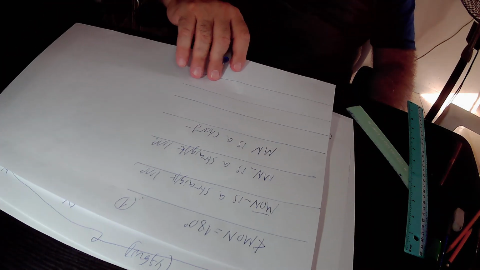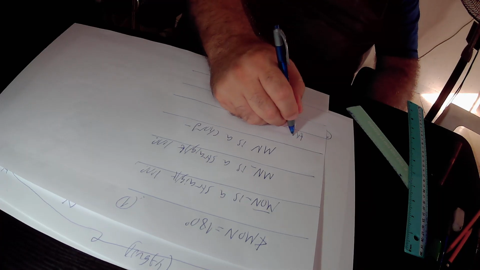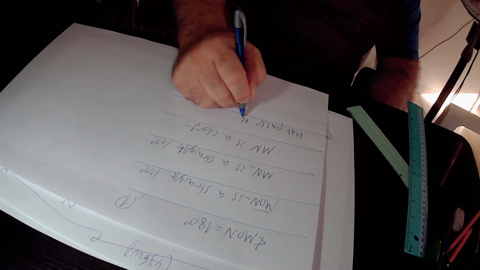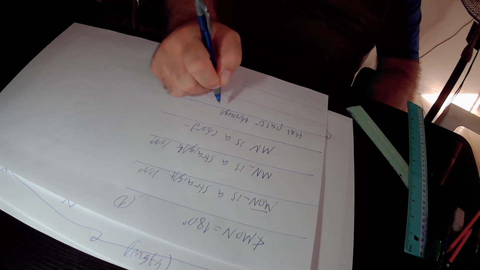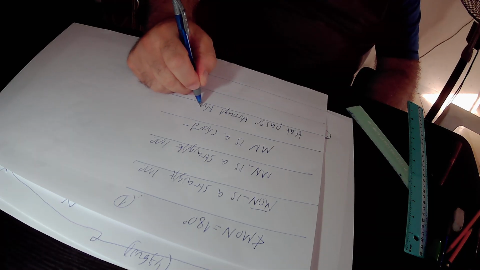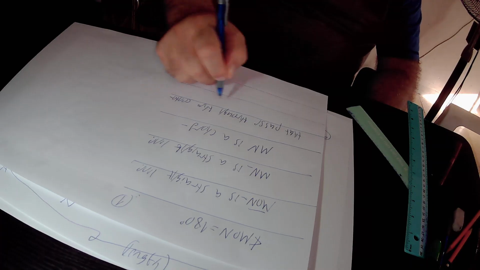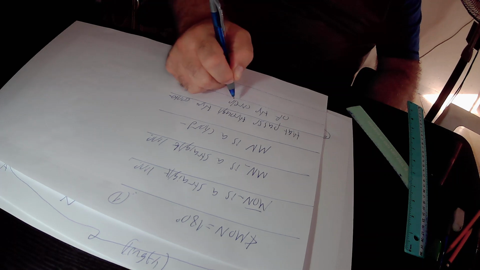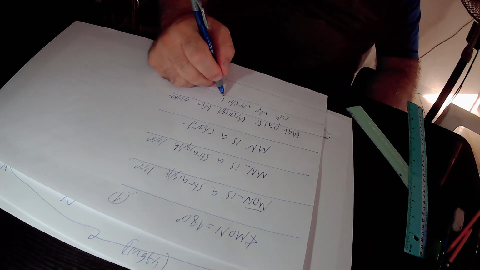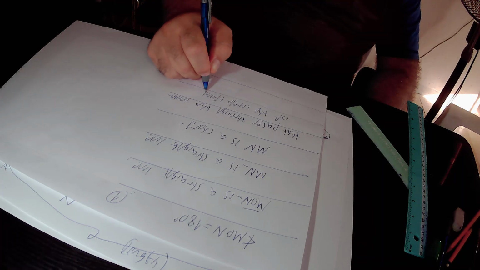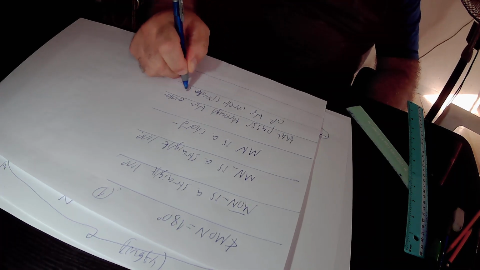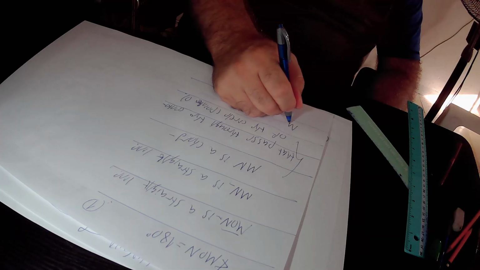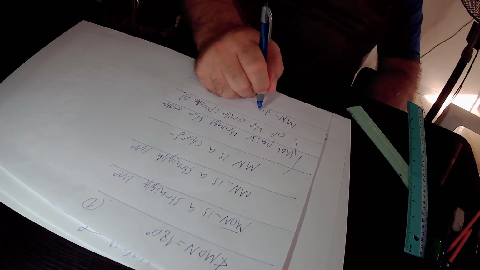So it is known, MN is a chord that passes through the center of the circle, that is to say point O, and therefore MN is the diameter of the circle.